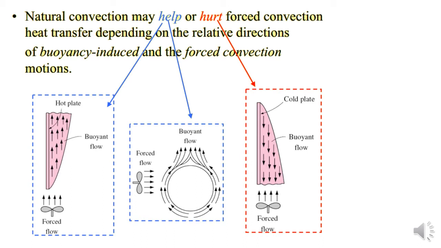And the last case, the figure in the middle, is the transverse flow, where the buoyancy flow is upwards and the forced flow is from the side. So buoyancy motion is perpendicular to the forced motion. The transverse flow enhances fluid mixing and thus enhances the heat transfer. So these three are examples of natural and forced convection.